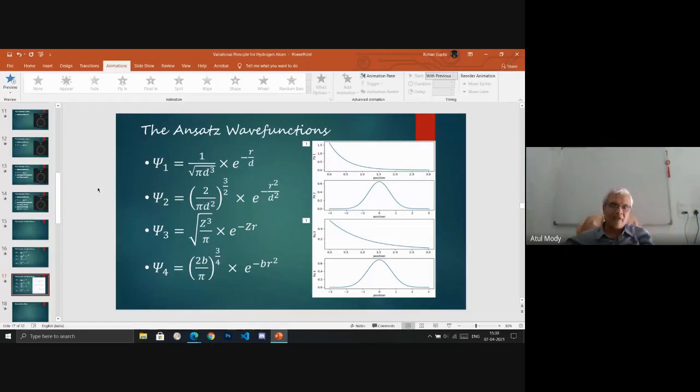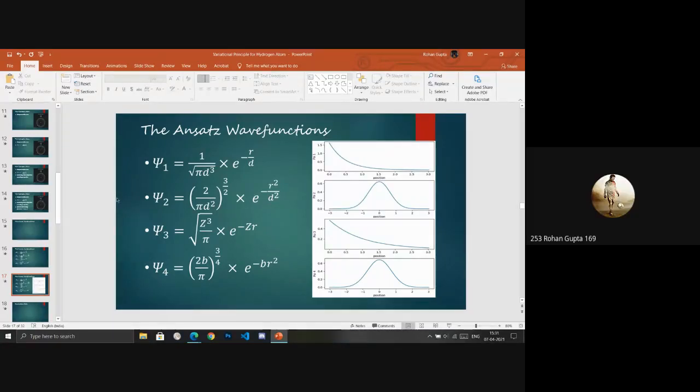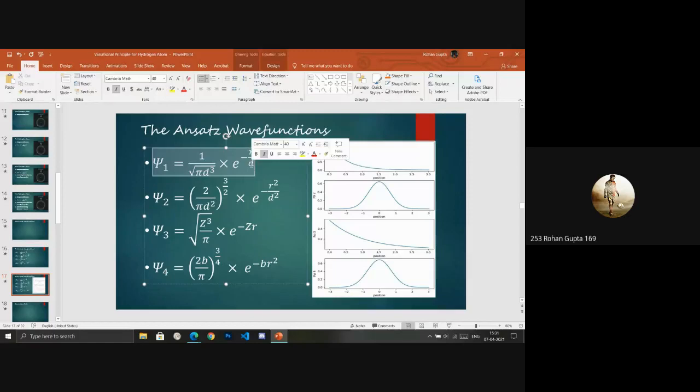When you did this calculation, you say it's a variational method. So what was it that you were varying? Sir, ideally the parameter to be varied could be r or r square, so the power of r is one parameter, and the second parameter could be the coefficient of r.